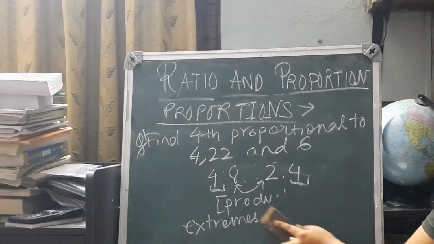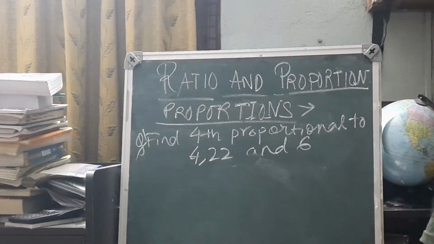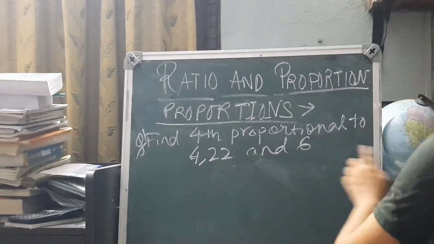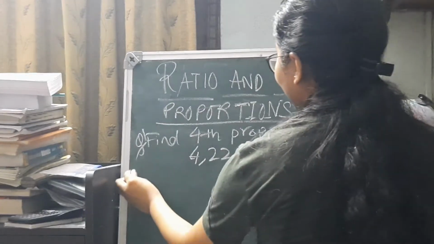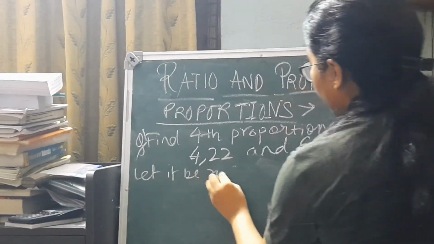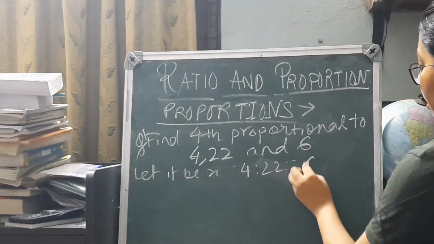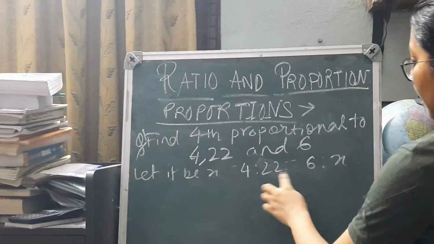Moving forward to a question where it has been asked to find the fourth proportional to 4, 22 and 6. Let us consider that it be x. Fourth proportional means 4 is to 22 is equal to 6 is to x.